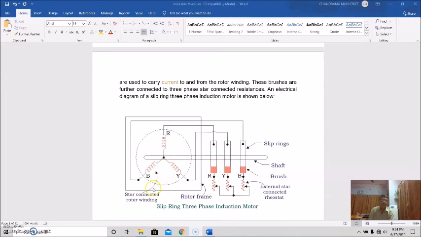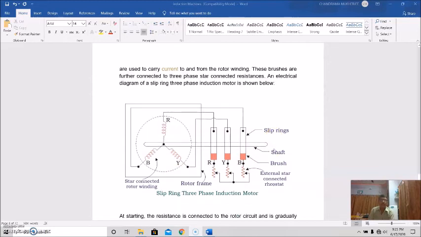So this is your star connected rotor winding. This is the rotor frame, and this is the slip ring, so the three phases are connected. This is the external resistance, the starter rheostat. This is the shaft. These are the brushes, and these are the slip rings.